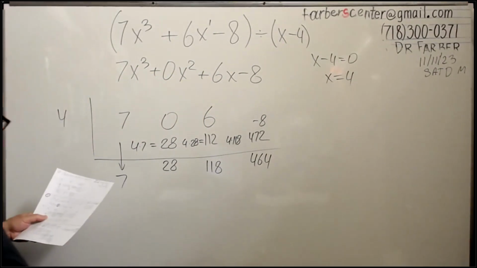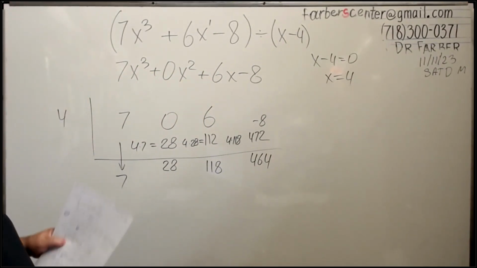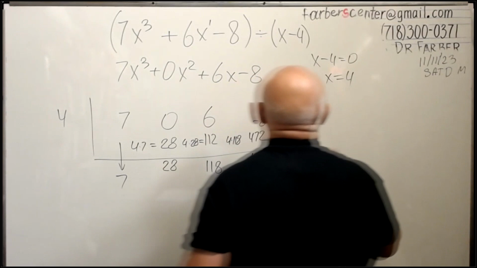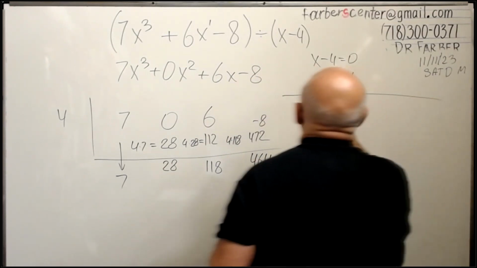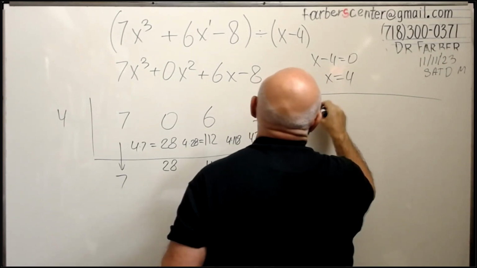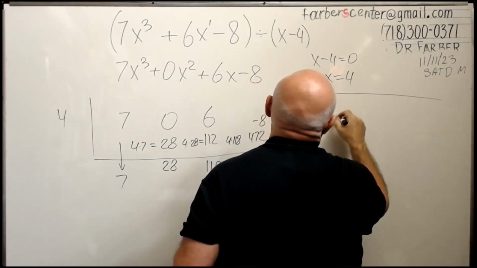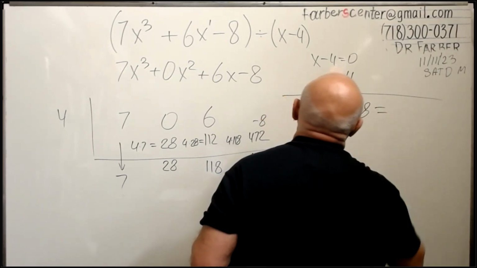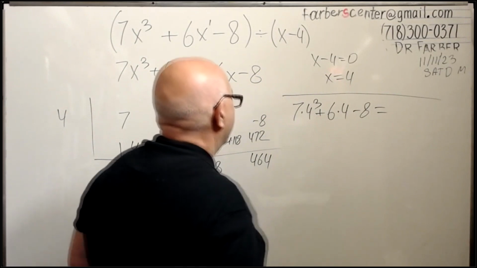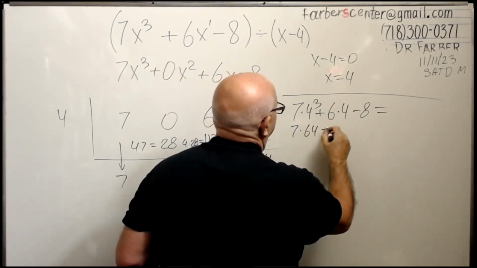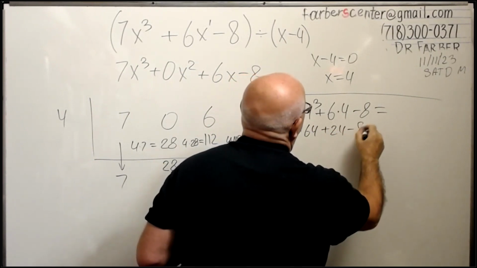Would you also use the remainder theorem to check your work? Sure. Let's do the remainder theorem. The remainder is 7 times 4 to the third plus 6 times 4 minus 8. 4 to the third is 64. 7 times 64 is 448 plus 24 and minus 8.